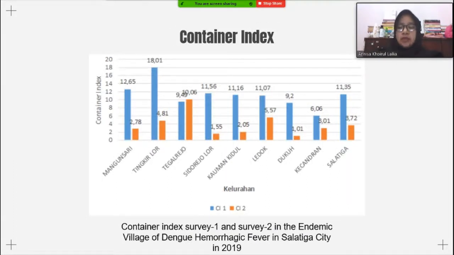And about the container index, the container index from survey 1 and survey 2 shows in the graphic on this slide a decrease, as we can see in the table. For example, in Mangunsari from 12.65 to 2.78 container index.